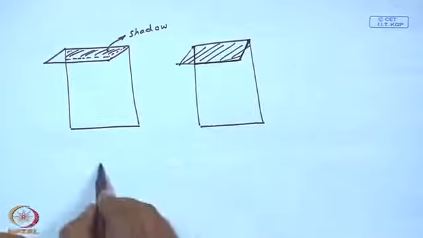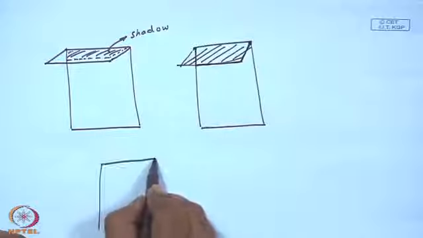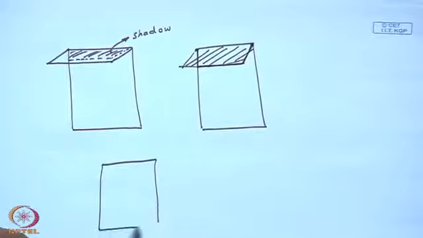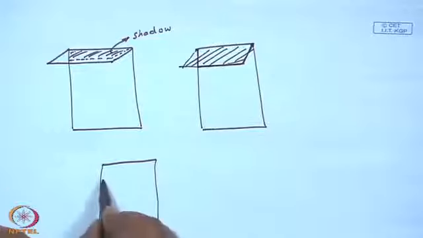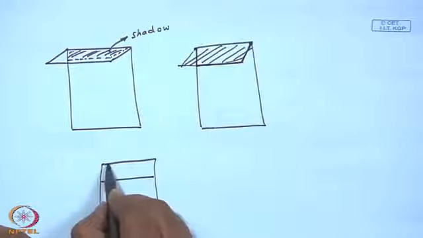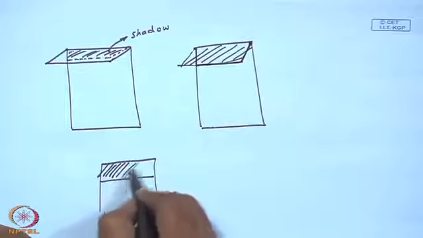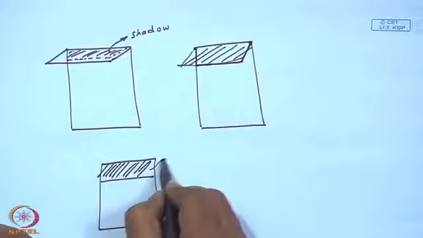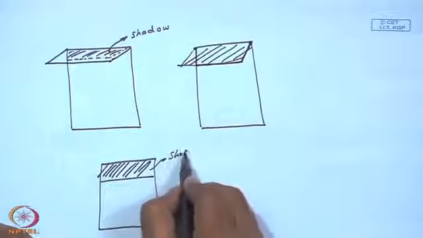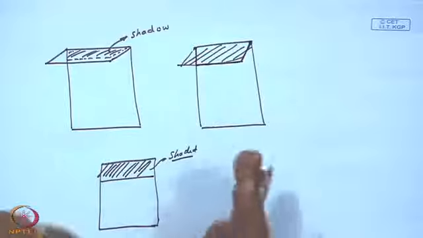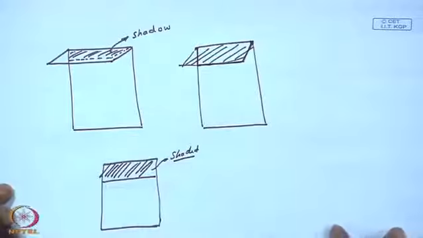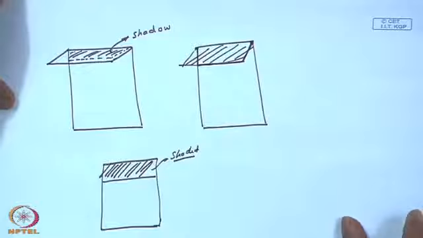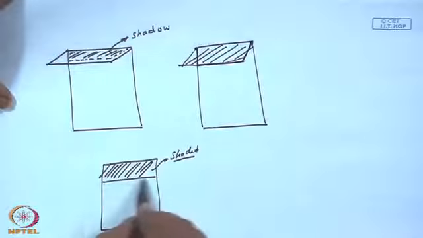Or I may have, for example, a perfect rectangle. For example, if it is solar noon time facing south, or the corresponding gamma and the corresponding time, you will have a simple rectangle.